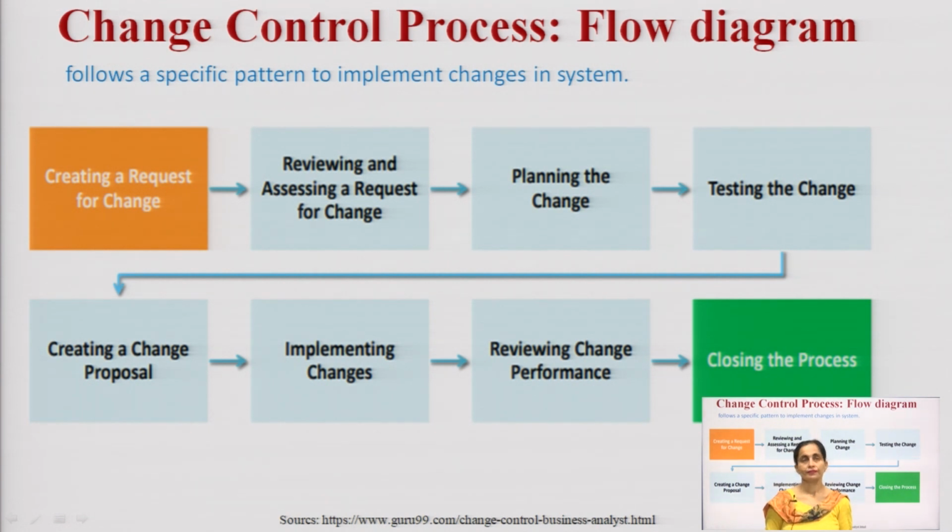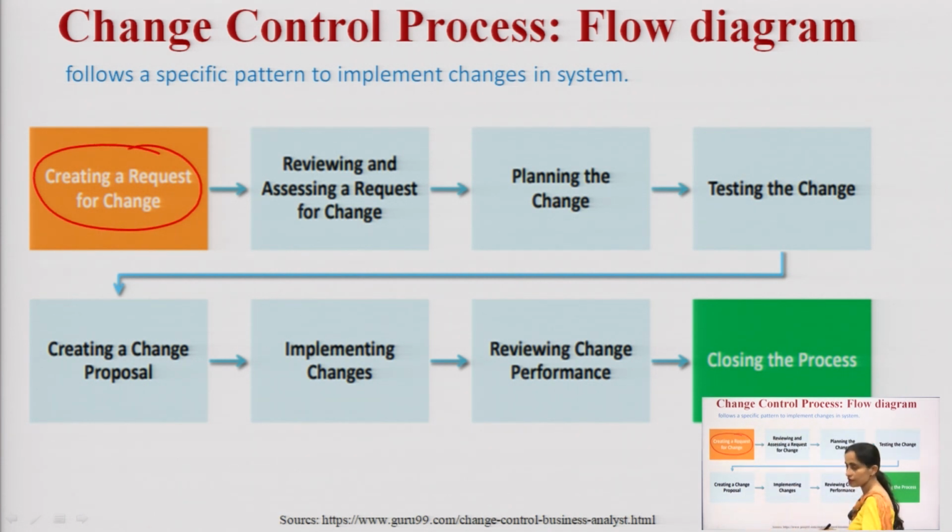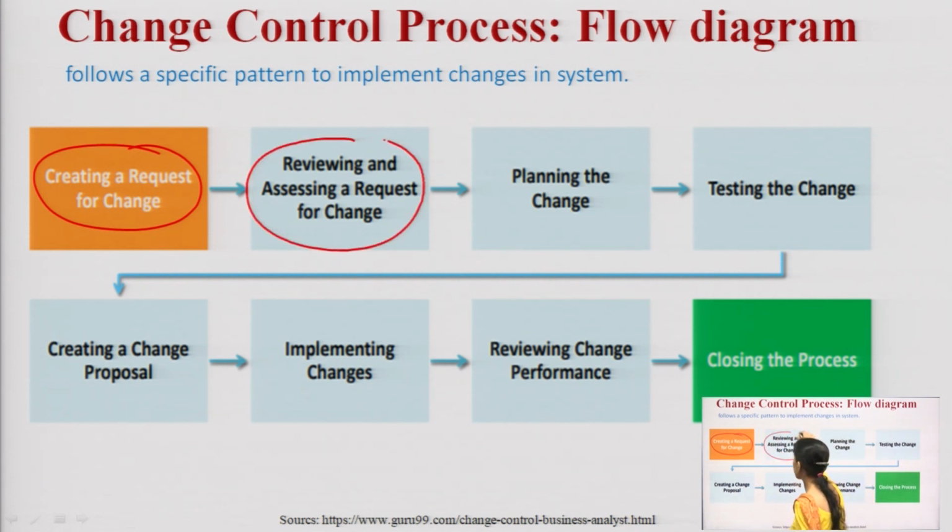Then the next shows the flow diagram for this change control process. We started with creating a request for change as we have discussed just now. Then these requests for change are reviewed and assessed to see how they impact my performance. So, they are reviewed and assessed at the second level.